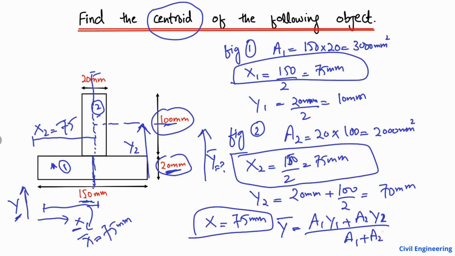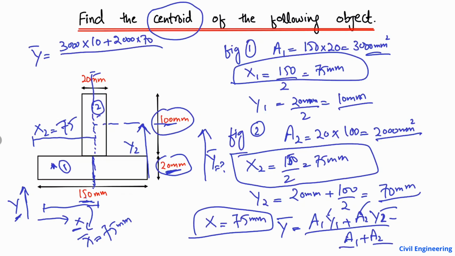Simply we will put the values and we'll find our centroid in the y direction. So now putting the values, y bar: A1 is basically this one, 3000, multiplied by y1, which is 10, then adding A2 and y2. A2 is here and y2 is this one, dividing by A1 plus A2.